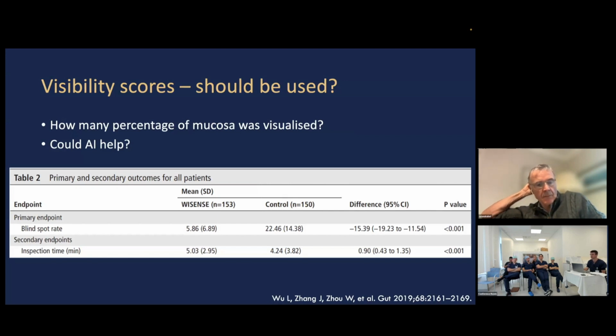It categorized the real-time image flow into the different parts of these 22 blind spots or cardinal landmarks of the stomach, and in half of the procedures prompted the endoscopist that, look, there is a blind spot which was not imaged yet.